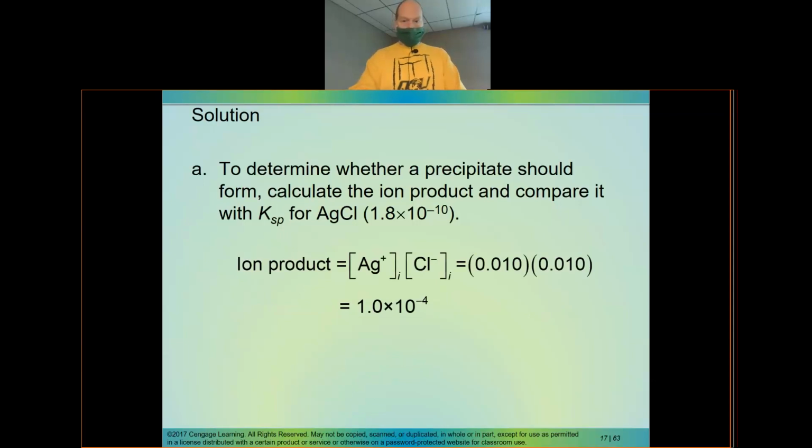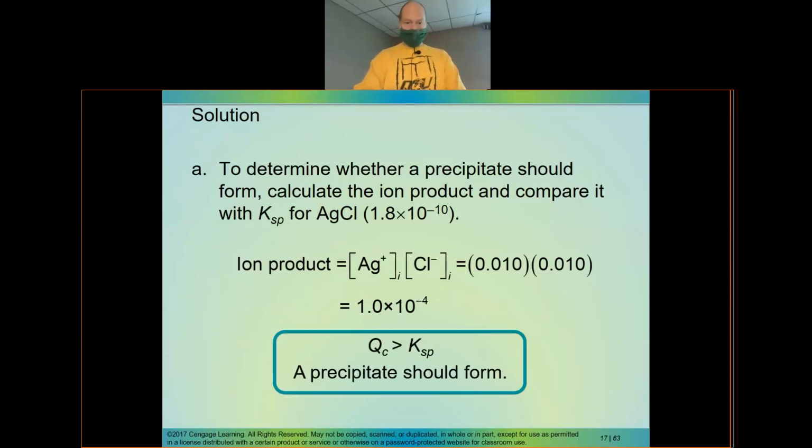All right. So they go through that. Again, it doesn't matter which way you write it, but if you're writing it the way they do, which is the Q value first and the K value second, the inequality doesn't point you in the right direction. So I will always put the K value first, so instead of saying QC is greater than K, I will say that the K value is less than the Q value.